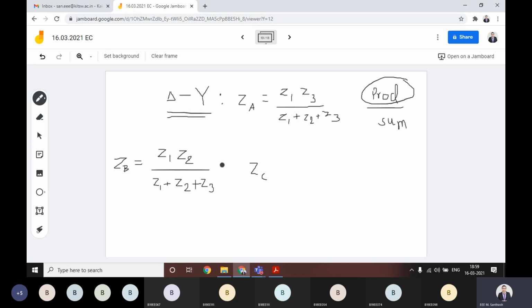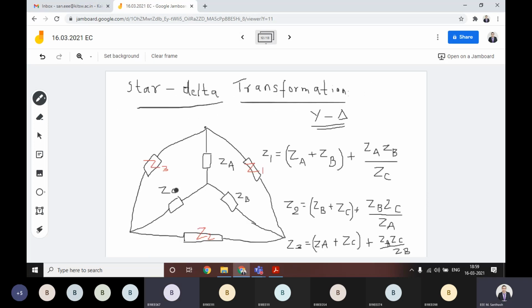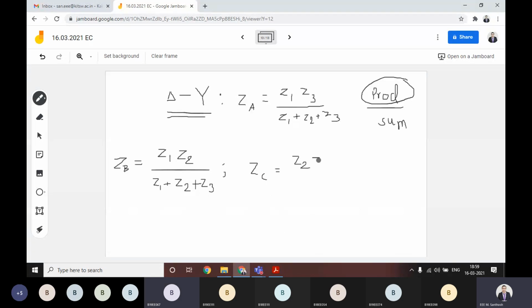Then if you calculate the value of ZC, you can see here ZC is Z2 into Z3 by Z1 plus Z2 plus Z3. Very good. I hope you have all these formulas with you.